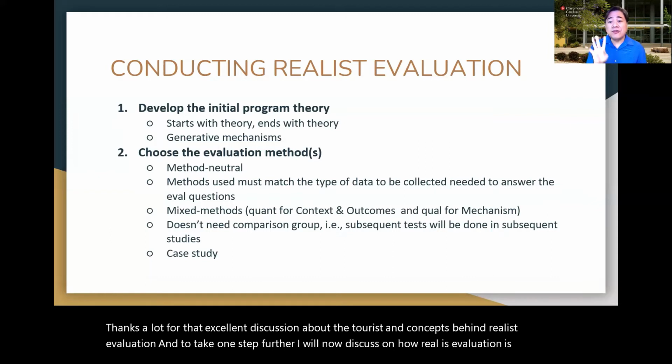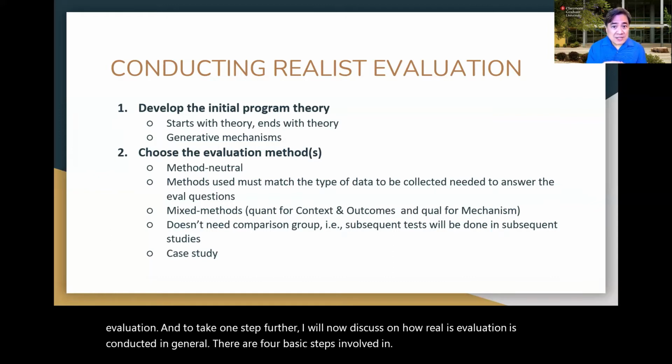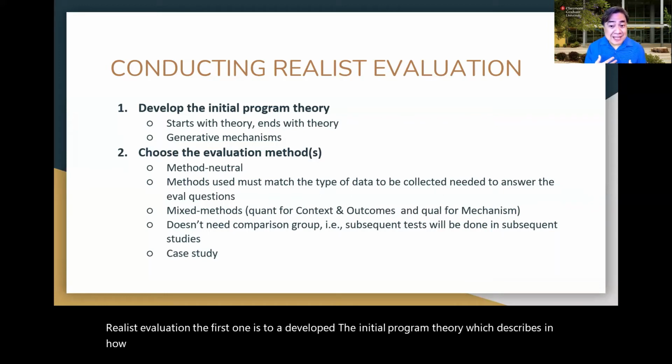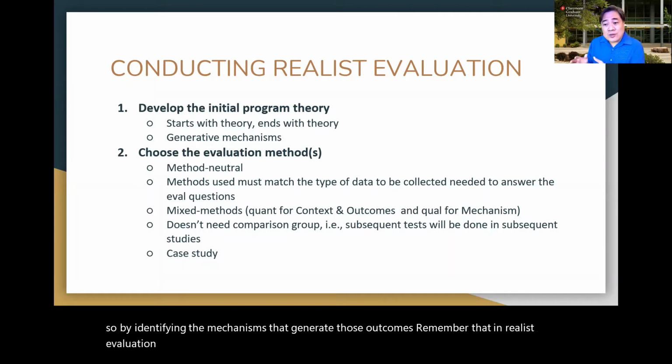In general, there are four basic steps involved in realist evaluation. The first one is to develop the initial program theory, which describes how the intervention is expected to lead to its effects and in which conditions it should do so, by identifying the mechanisms that generate those outcomes. Remember that in realist evaluation, it starts with theory and ends with theory.